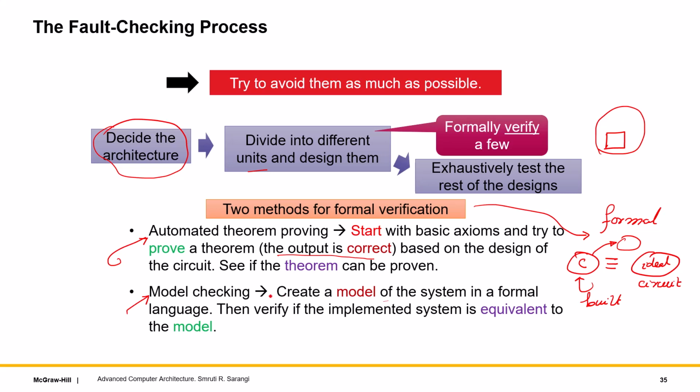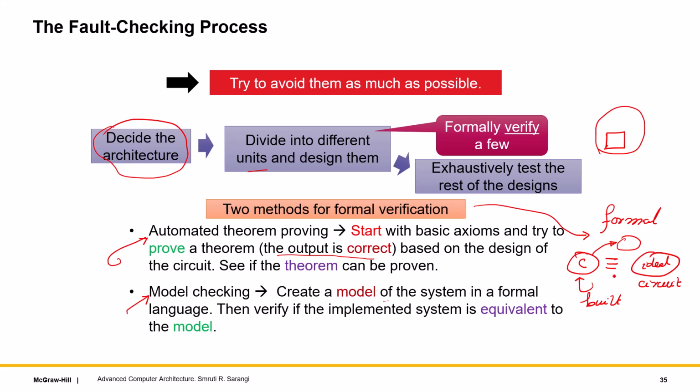Model checking, on the other hand, which is a competing method and much faster and much more popular, essentially creates the model of a system in a formal language, and then it tries to check properties of the model, and again draw some sort of an equivalence of whether the implemented system and the formal hypothetical model, which is supposed to represent the problem at hand, are the same or not.